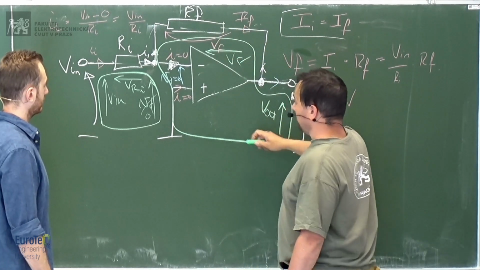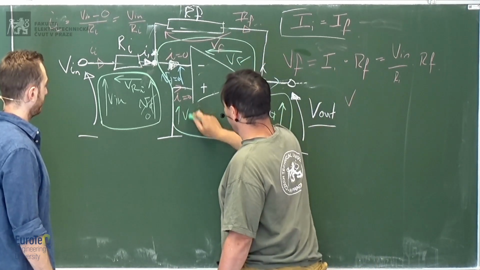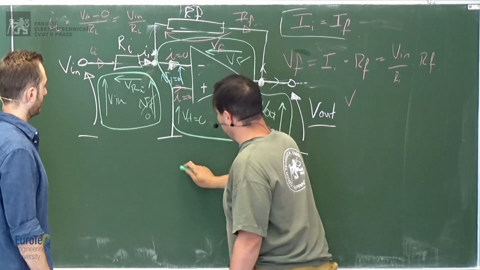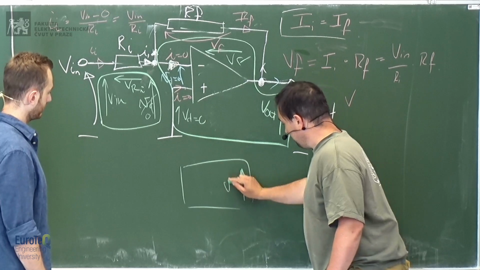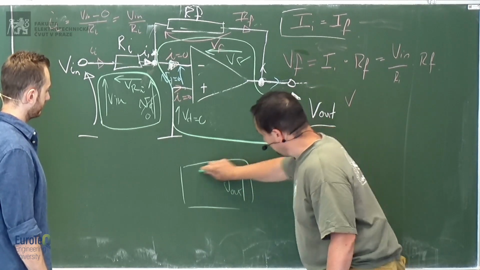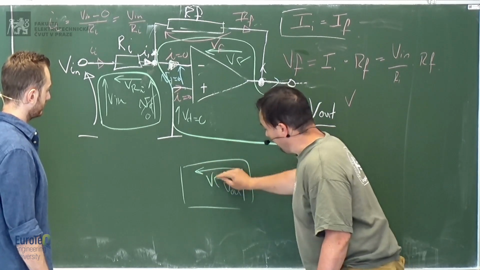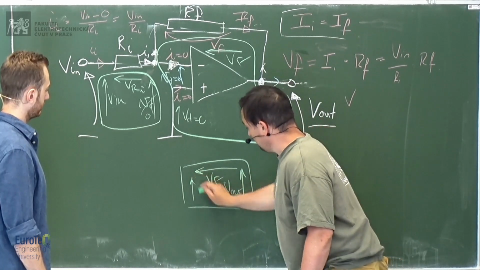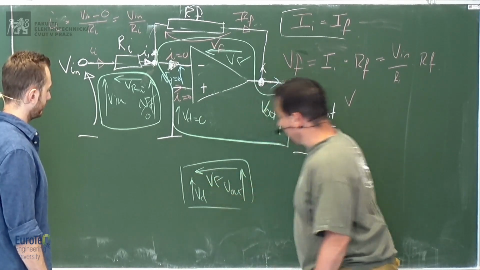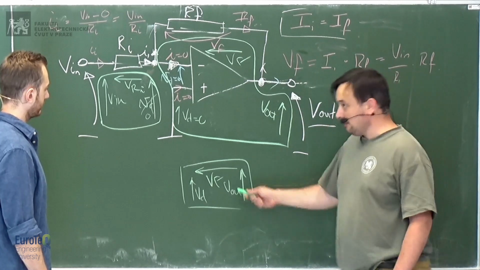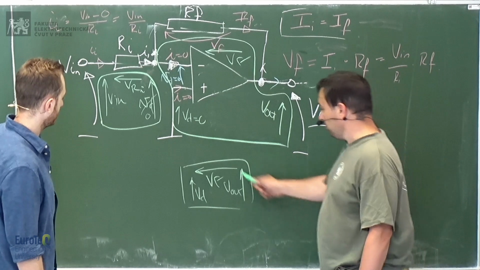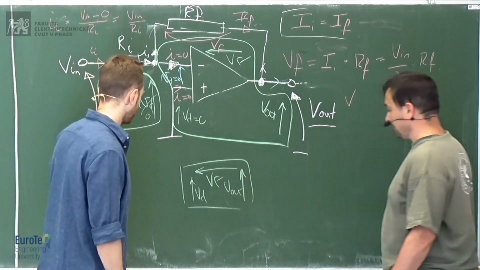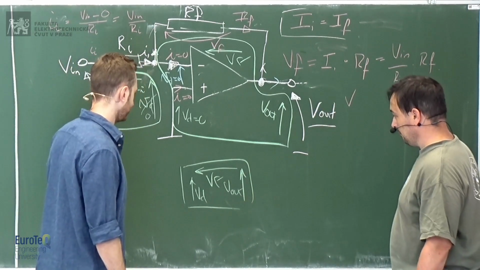And then VD equal to 0. So if I make a schematic, I have V out, VF, VD. So write Kirchhoff's law for this loop. VD is equal to VF plus V out.